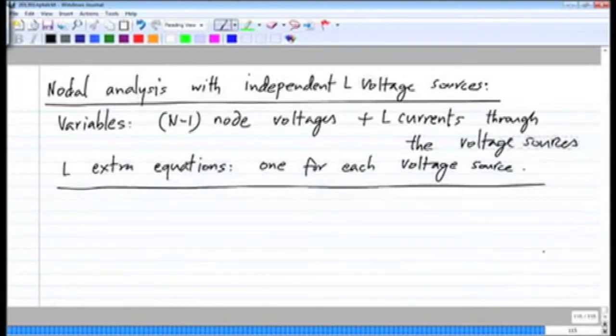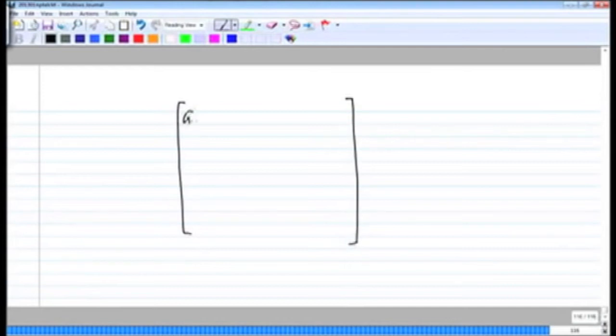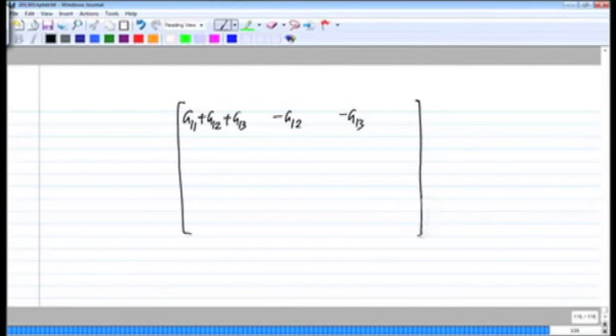Now I will write out the equations in matrix form, including the extra variable Ix. This will be G11 plus G12 plus G13, and minus G12, minus G13, and if you look at the variable vector, it will be the node voltages V1, V2, V3 and Ix.